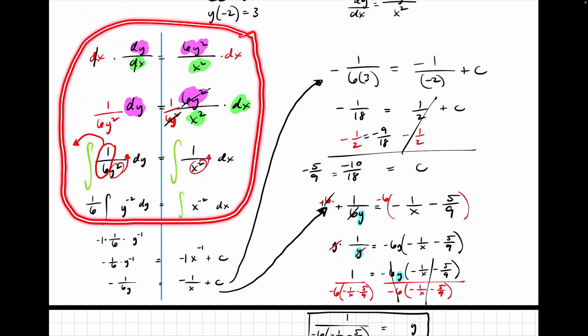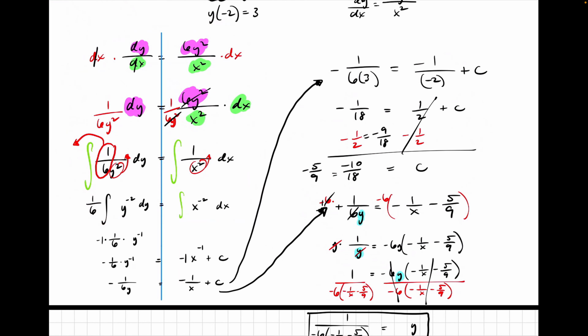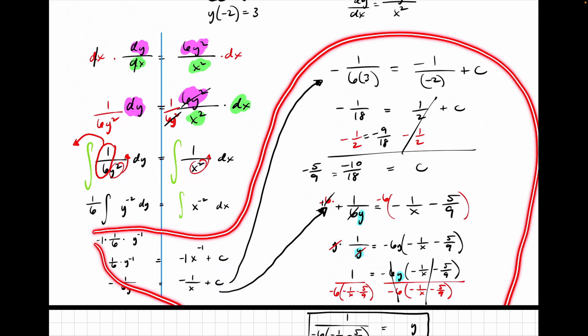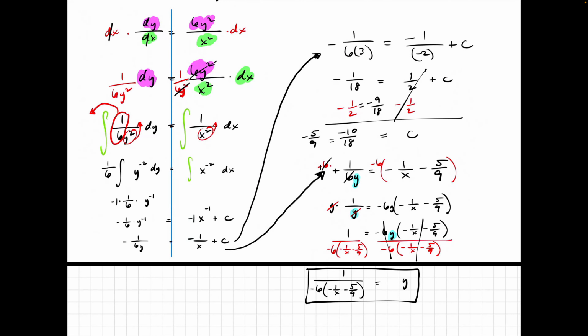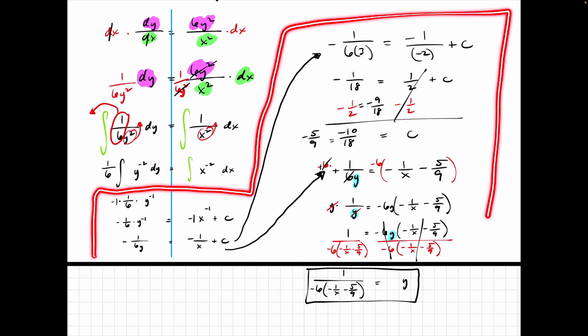That was the calculus part. Everything after that, which I think is probably the hardest part, has nothing to do with calculus. It's just plugging in points, isolating the variable. I don't want to say the calculus part is the easiest, but sometimes you get hung up on parts that aren't calculus. All of that stuff, including the answer, wasn't the calculus.